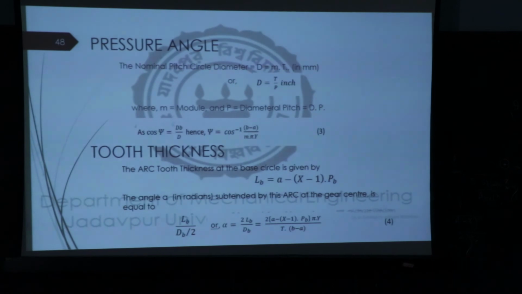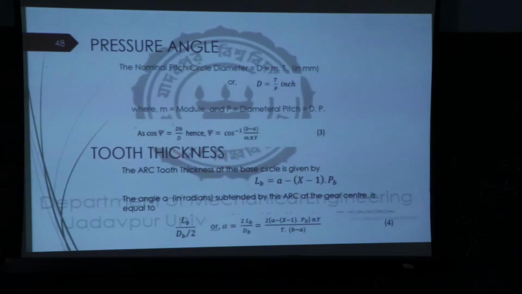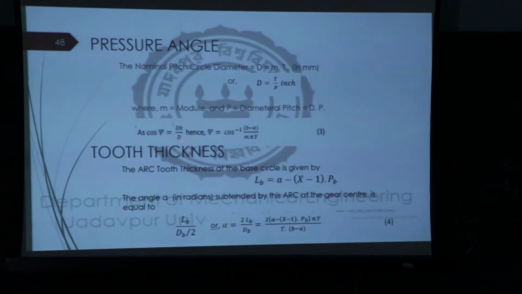By geometry it can be shown that cos psi, that is the pressure angle, is nothing but the base circle diameter divided by the pitch circle diameter. So we get this relationship.